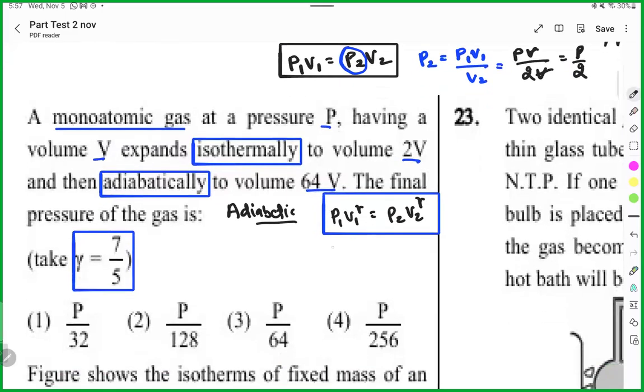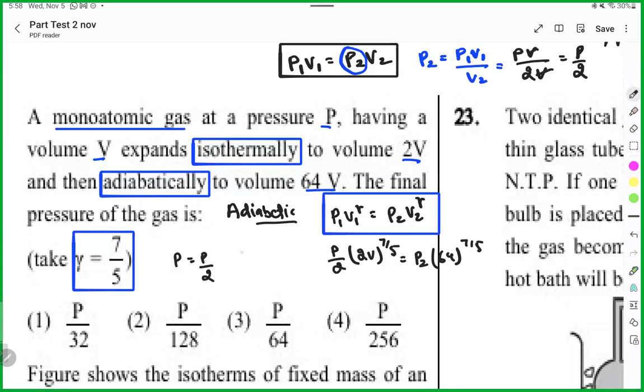Initial pressure is P by 2, volume 2V, final volume 64V, gamma 7 by 5, and we have to calculate P2.